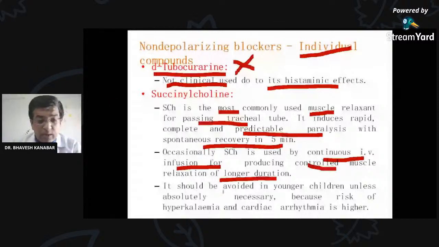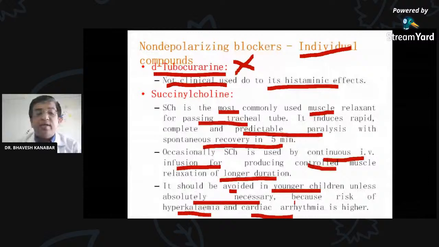It should be avoided in younger children unless absolutely necessary. In young children we cannot give it because there is a risk of hyperkalemia and cardiac arrhythmia. So remember, in succinylcholine the duration of action is very short.